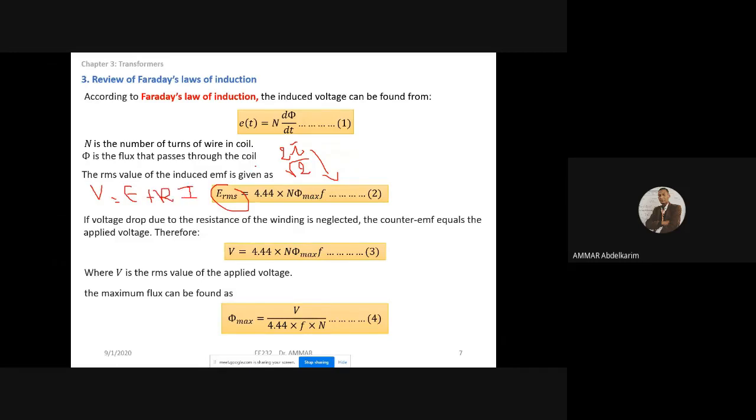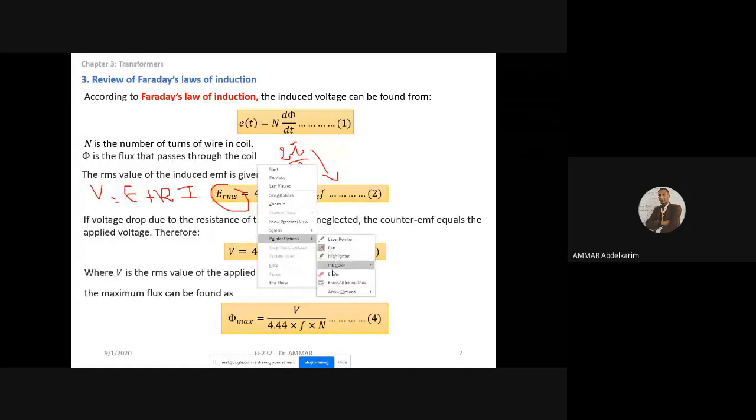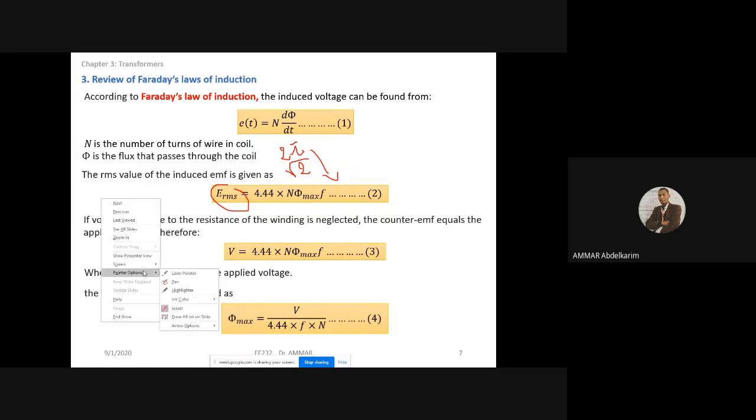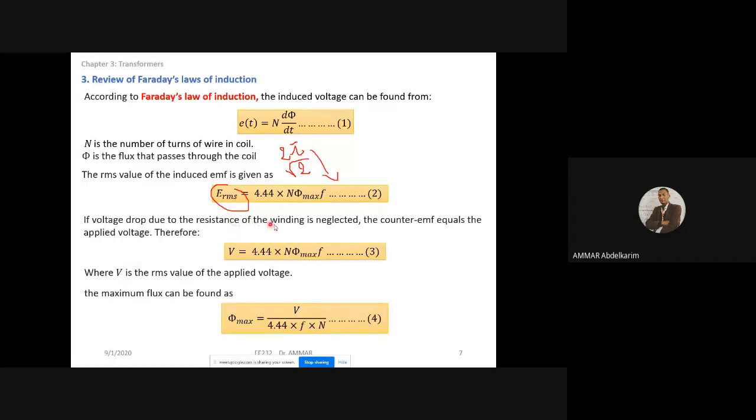If we neglect that voltage drop, the EMF will be equal to the voltage. So if the voltage drop due to the resistance of the winding is neglected, the EMF equals the applied voltage. So V equals 4.44 times N times phi max times F. And of course the flux phi max equals V over 4.44 times F times N, which is the number of turns.